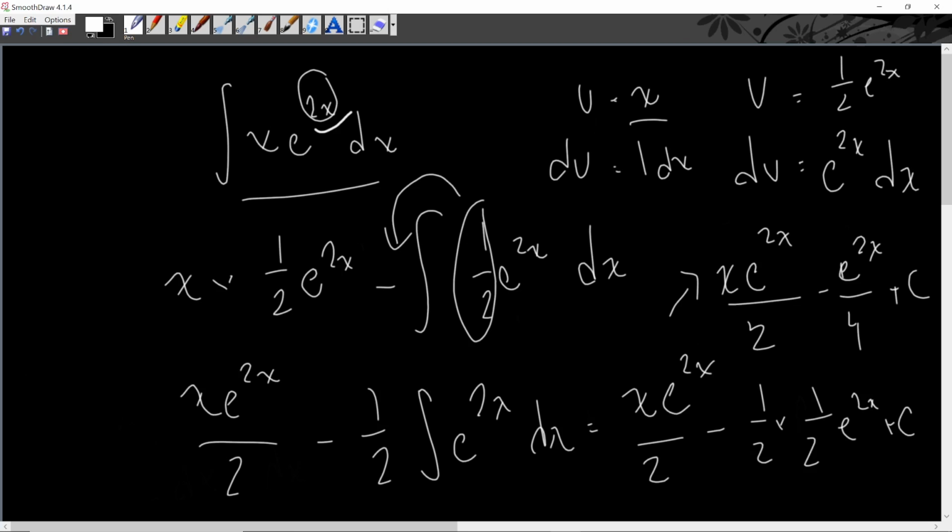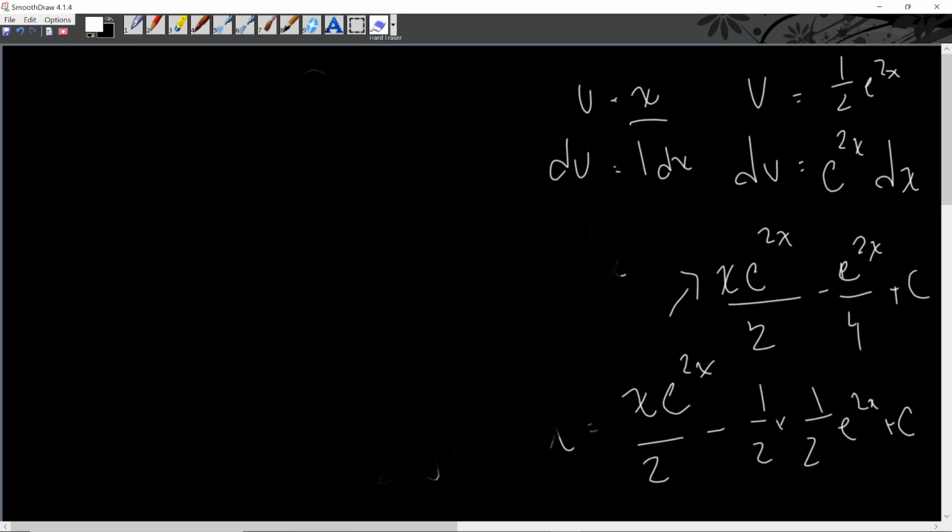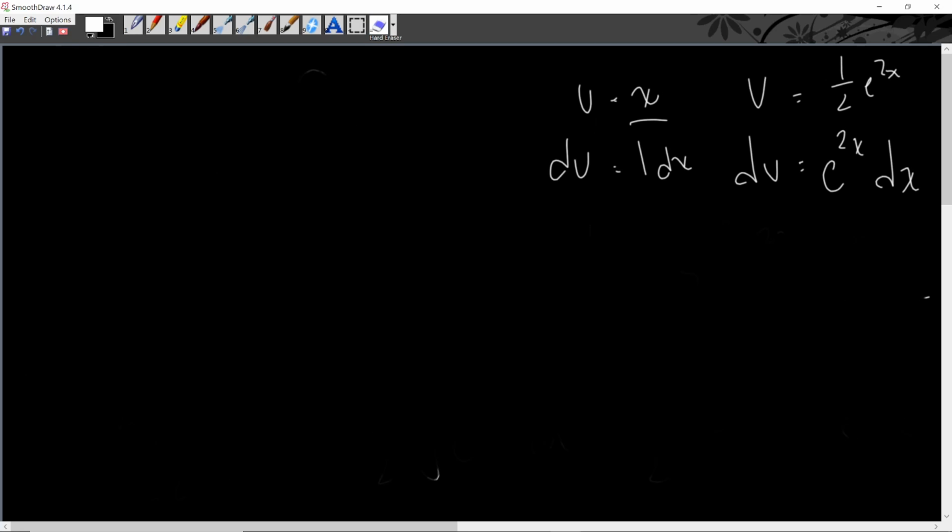Now this one's interesting. We have the integral of x times e to the negative x dx.